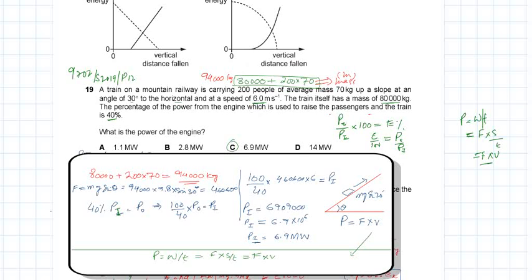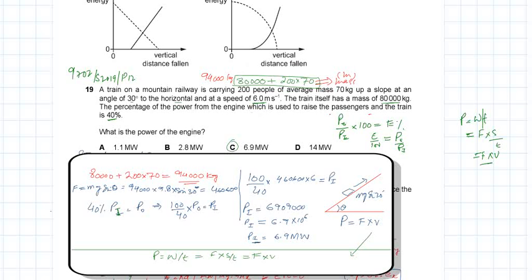Now another thing. First we need to calculate what is actually the power output, right? How can we do that? We can calculate it as the power is actually the work done over time. So work done is F into S, which is distance, over time.